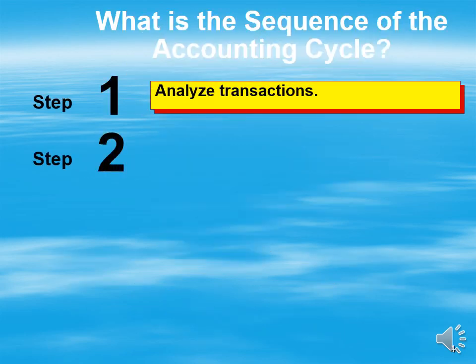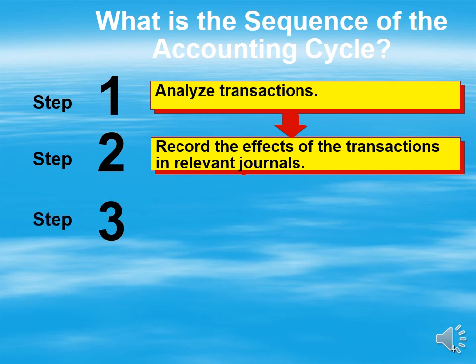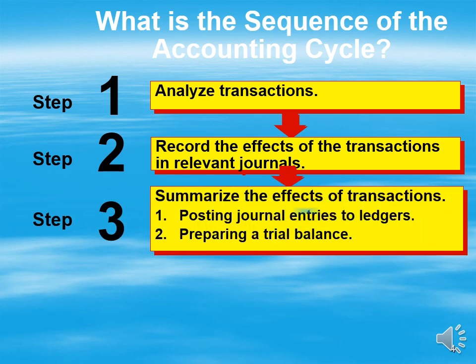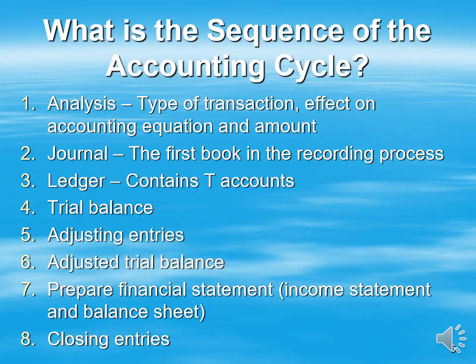The process of doing the accounting record is called the accounting cycle. In the journal, after you have recorded all the transactions, you have to do step 3, which is to transfer all the journal records into the ledger.